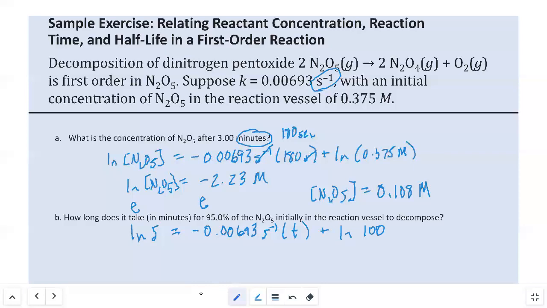So the natural log of 100 is 4.61. Natural log of 5 is 1.61.